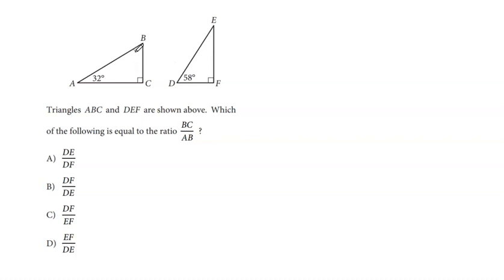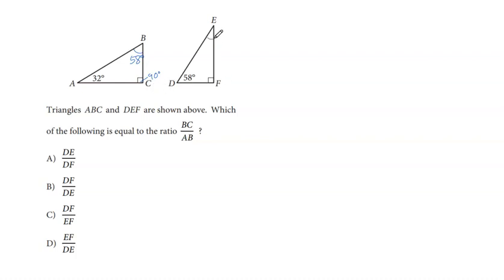Why? Because this angle here will calculate to be 58 degrees, because the total internal angle for the triangle is 180, and this little sign here says that this is 90 degrees. Anytime you see this, it means that's a 90-degree angle.